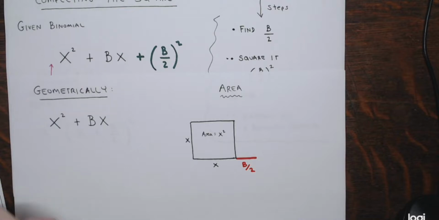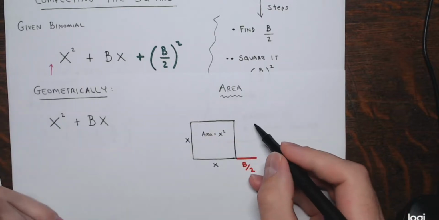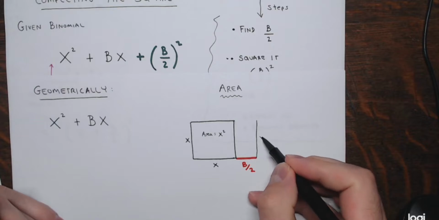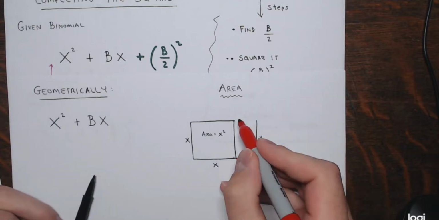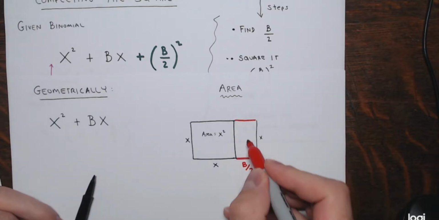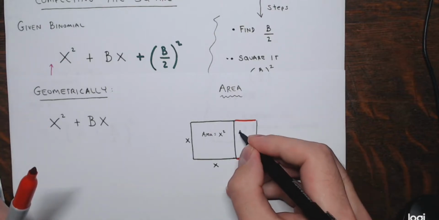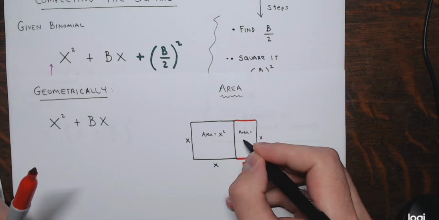If I continue to add to this area, there's a length of x again, and here's another half of b. This rectangle has an area of half of b times x.